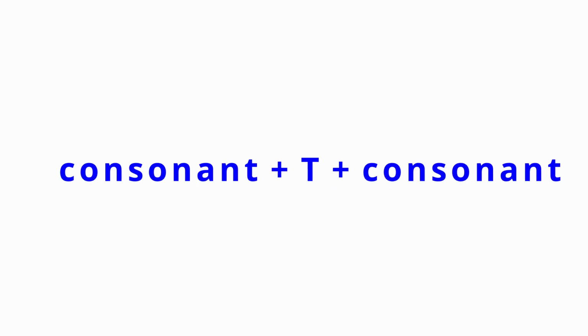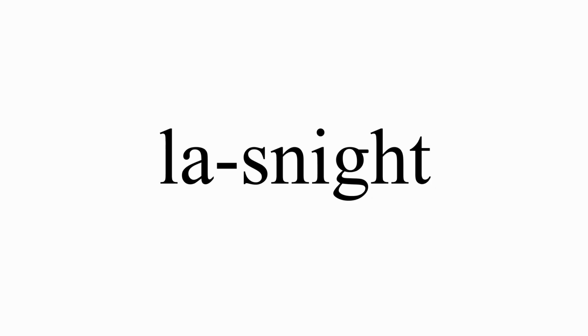Next we have consonant plus T plus consonant. Many of the rules in the dropped sound category will apply to T at the end of a word. It's probably the single most common sound that does this. So for example, instead of "last night," which we commonly drop the T in ST endings anyway, but if we consider it part of consonant plus T plus consonant in this case, then you still drop the T anyway and say "las night."